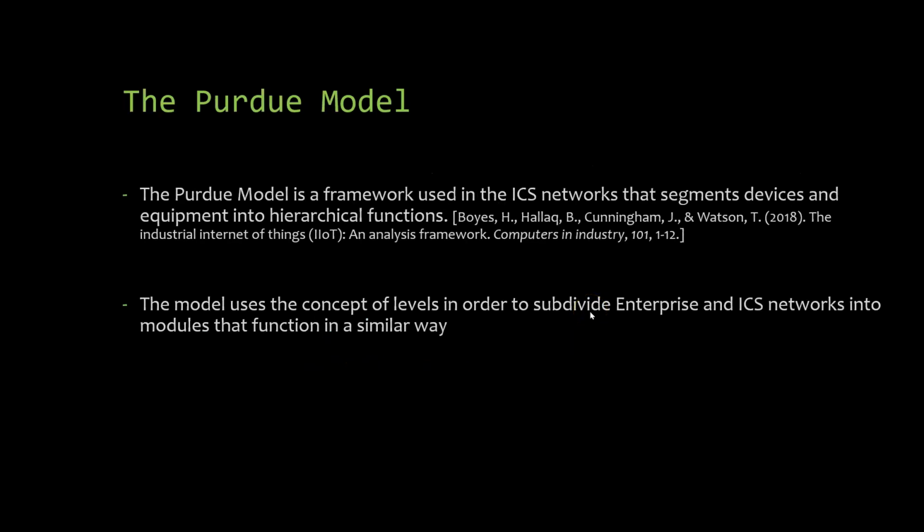Okay, now a very well recognized framework that is used in ICS networks is called the Purdue model. The Purdue model is a framework used in ICS networks that segments devices and equipment into hierarchical functions.